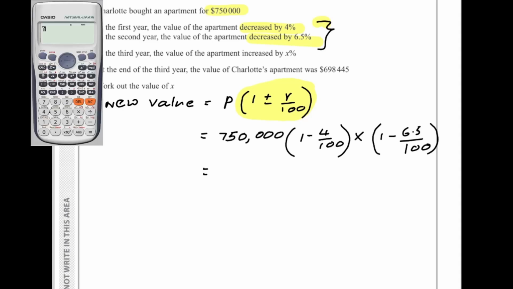So here's $750,000 into brackets 1 minus 4 over 100, close the bracket, into open brackets 1 minus 6.5 over 100, close the bracket, equals, this is the amount, 673,200.